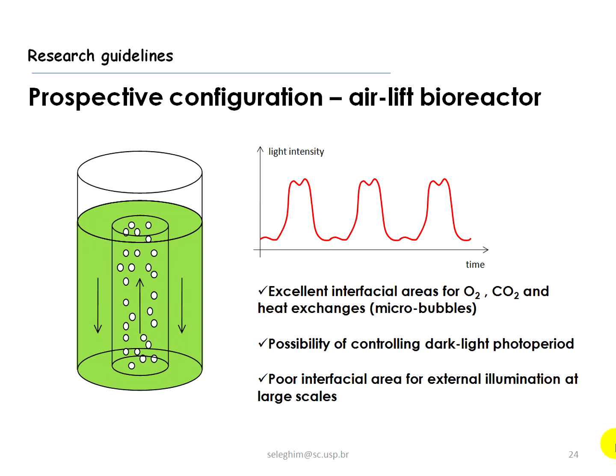Because it's related to the interfacial areas of the bubbles. You can also control the dark light photoperiod, which is important for cell growth, okay? But in this case, you have a poor interfacial area for external illumination at large scale, because if you increase the scale, your volume increases more rapidly than the external surface, so you have comparatively less illumination area.